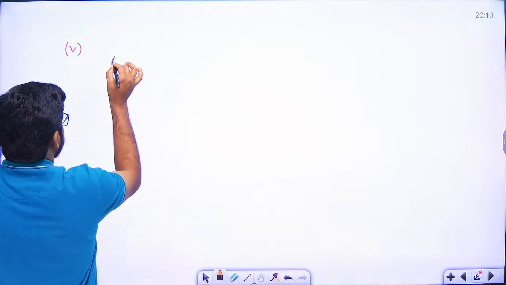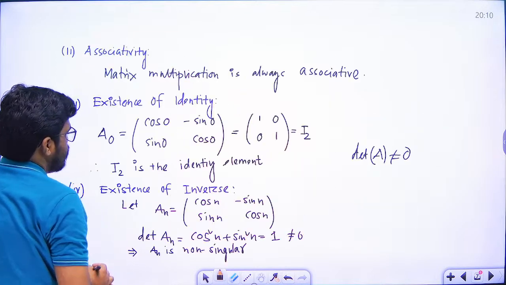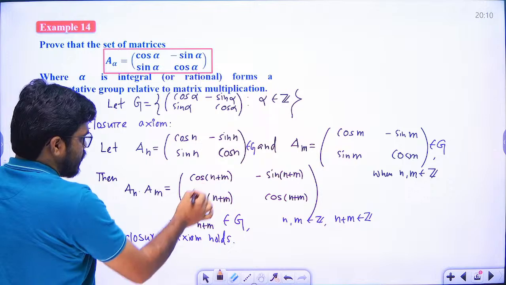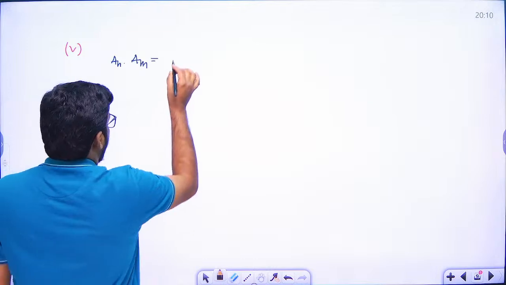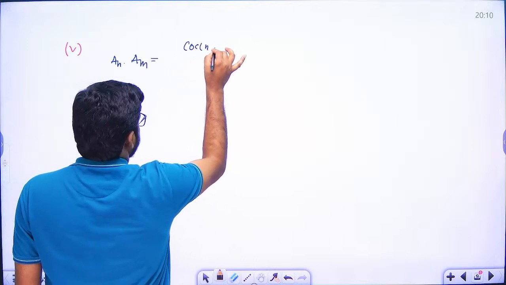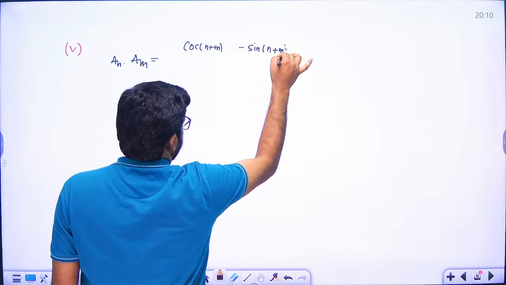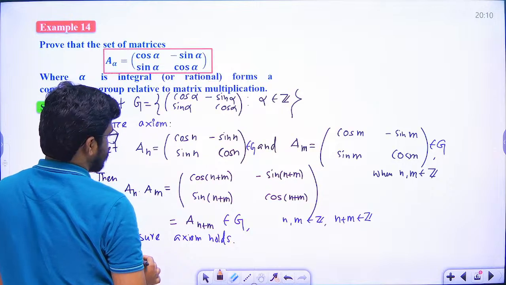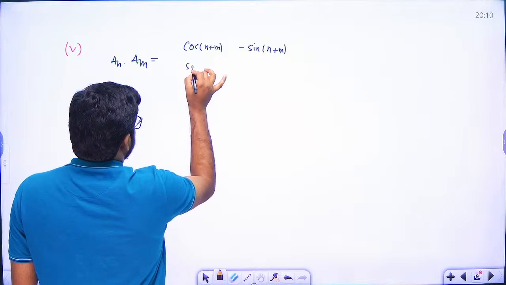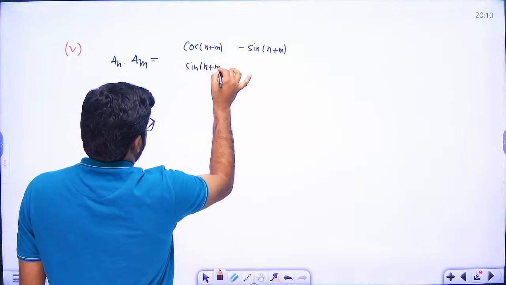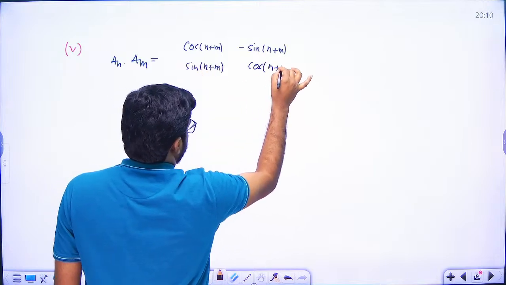So an dot am gives cos n plus m, minus sin n plus m, which is the first row. The second row is sin n plus m, cos n plus m.